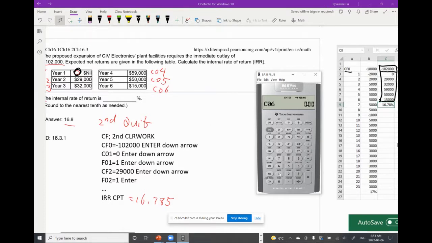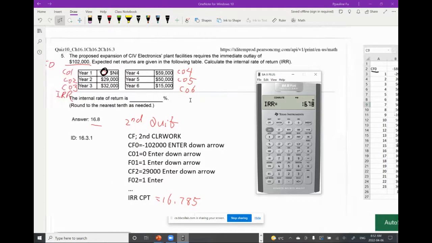Year 6, 15,000, enter, okay, down arrow key. F is 1, enter. So after that, you press IRR, and then press compute. You get 16.78.